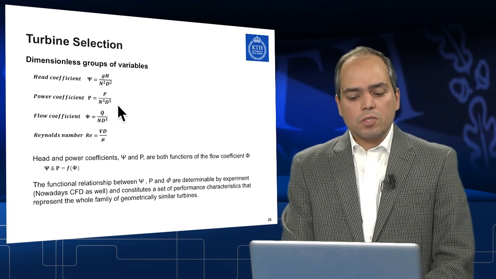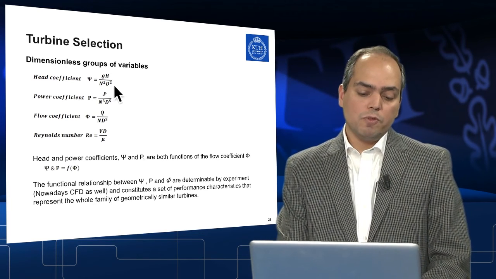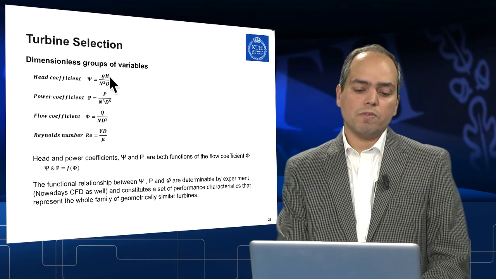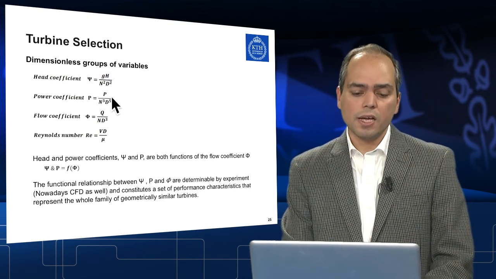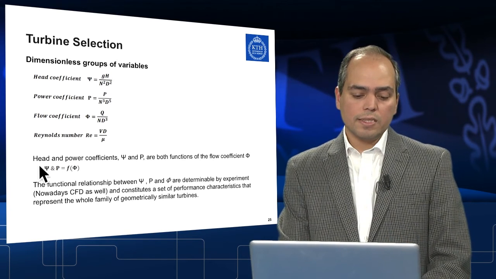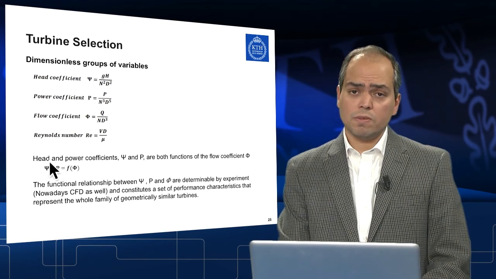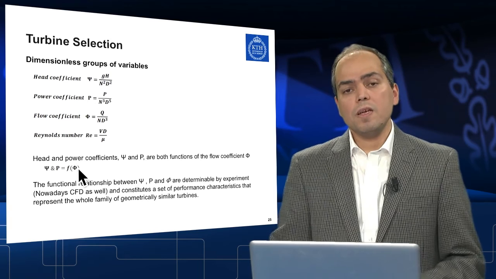So the head and power coefficients are functions of the flow coefficient. If you put the units for each of these definitions in a consistent unit system such as SI, then you end up with a dimensionless variable. And these two dimensionless variables are connected to phi.